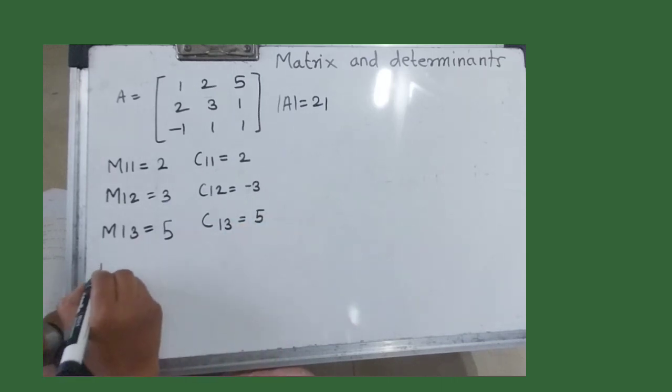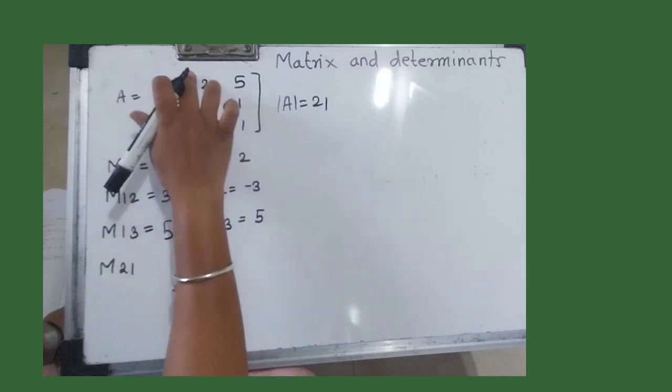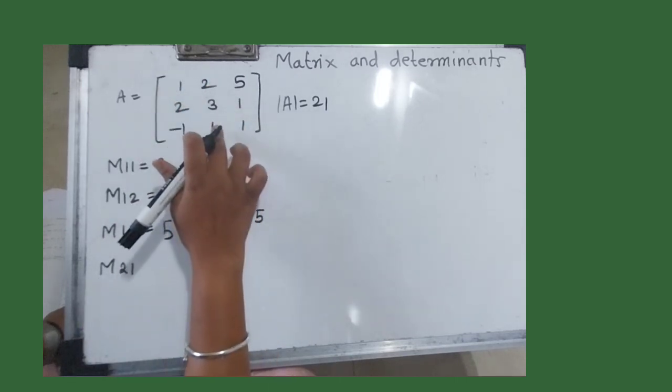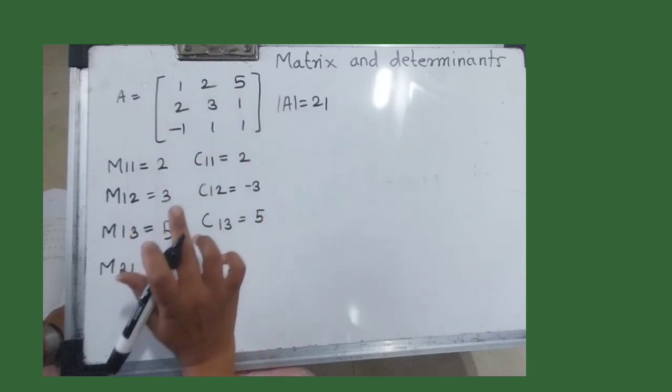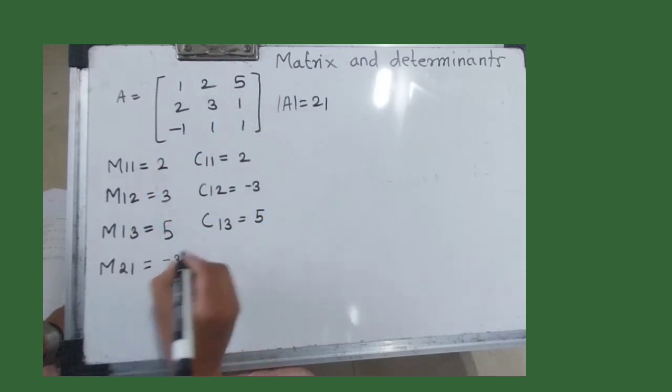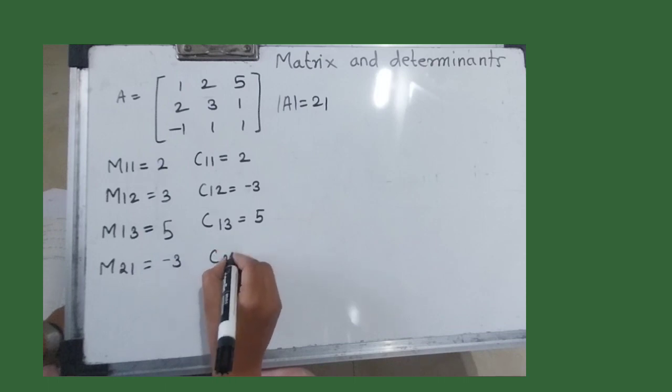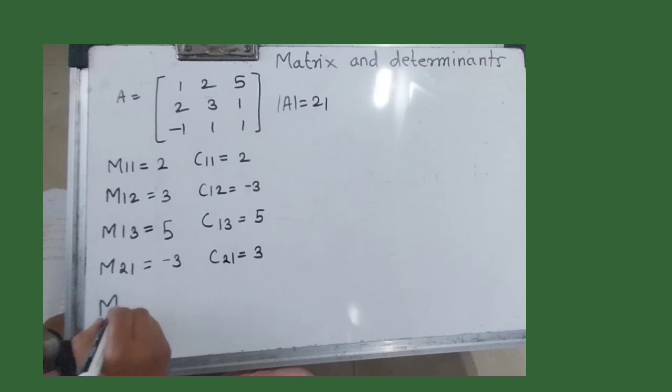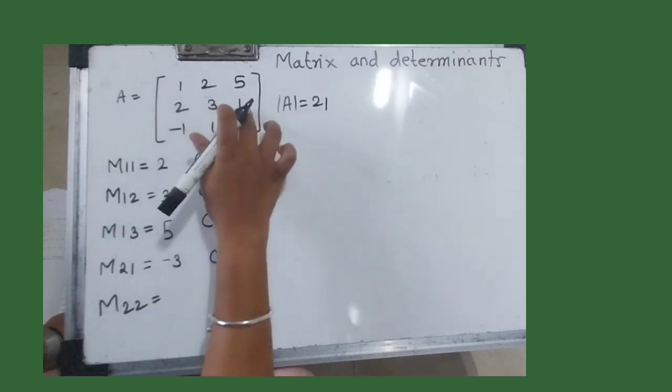Again, M21, second row, first column. So 2 minus 5 is minus 3. So C21 is 3. Okay, next M22, second row, second column.